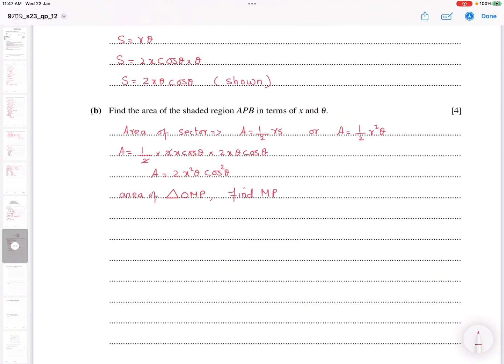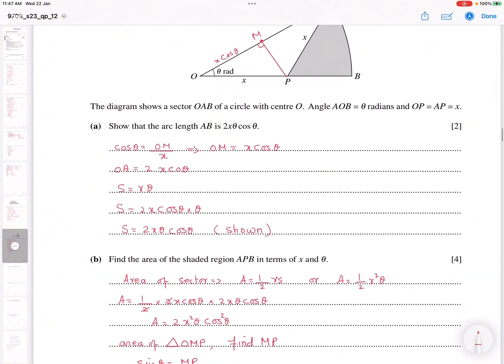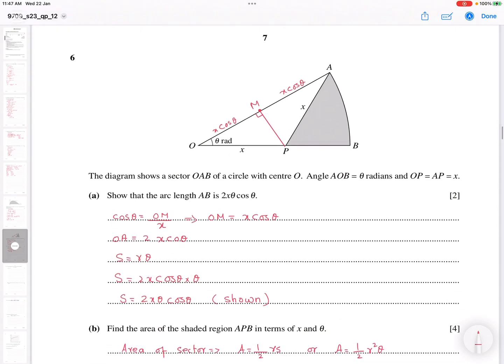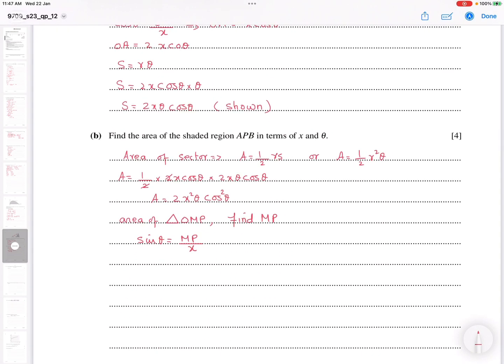MP can be found out with the help of sine theta equals MP over x. If we use sine theta, it's opposite over hypotenuse. So MP over x. This gives us MP equals x sine theta.